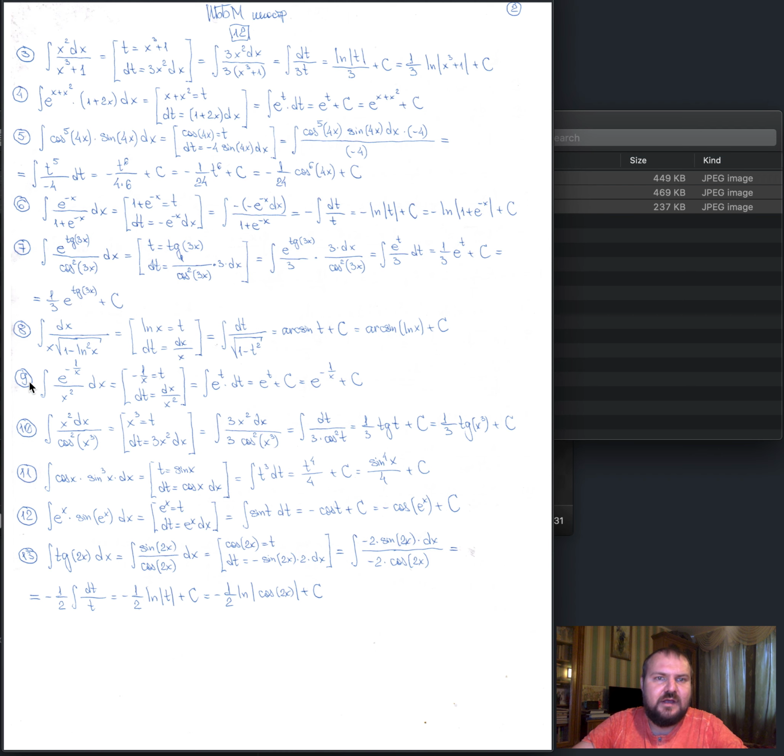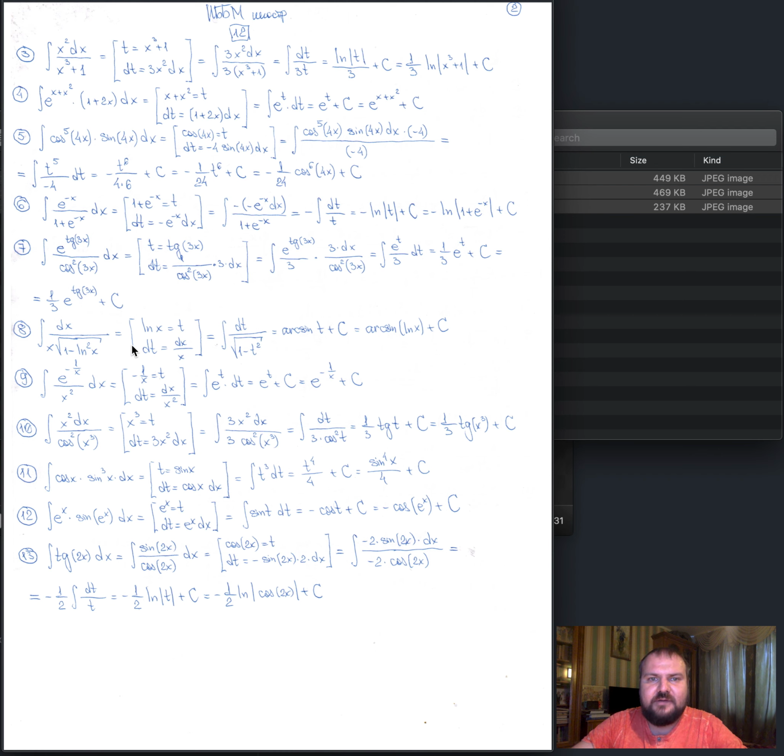Number 8. Integral of dx divided by, in the denominator, x multiplied by square root of 1 minus logarithm squared x. The correct change: let t equal logarithm x.